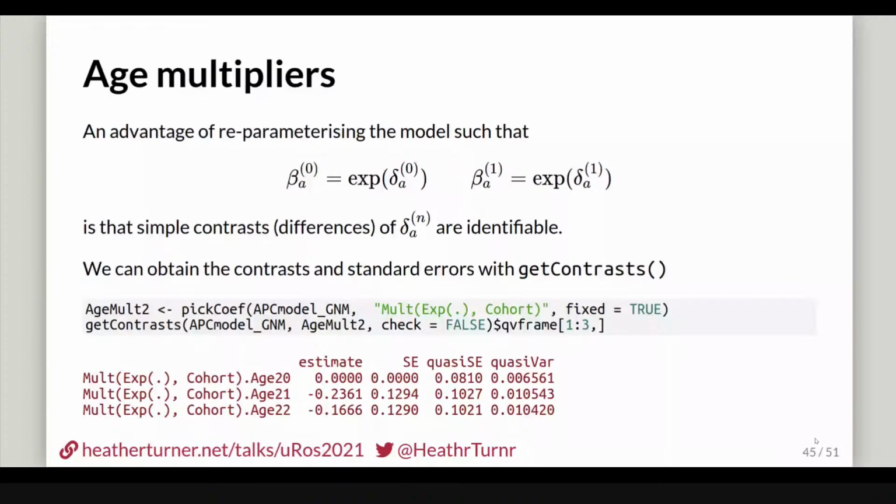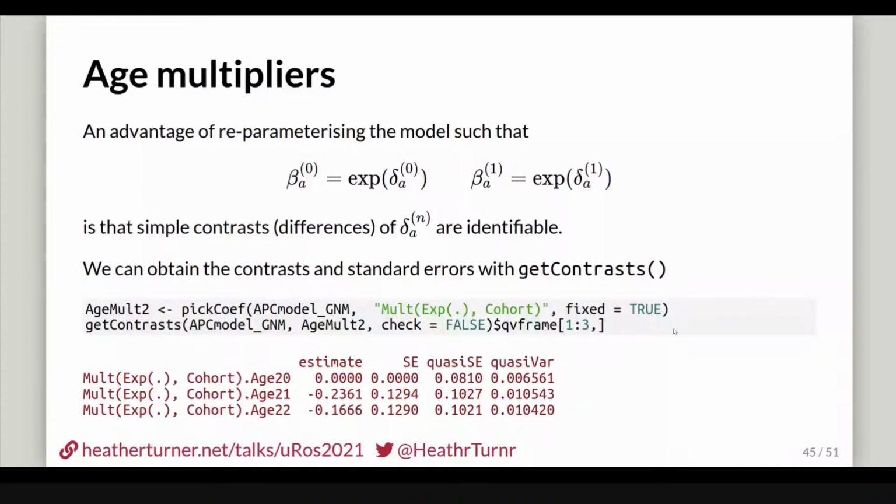And this returns a qv object, which is from the qvcalc package. Part of that object is a qv frame, which gives us the estimates, the standard errors, and the quasi-standard errors and quasi-variances. These quasi-standard errors have some advantages in some cases.